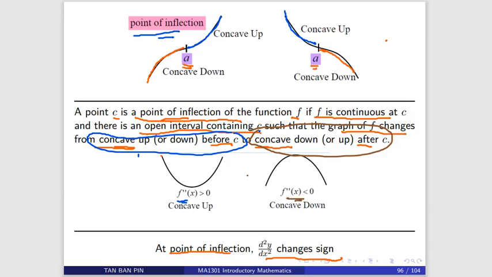So to test for a point of inflection, you test that d2y/dx squared changes sign.